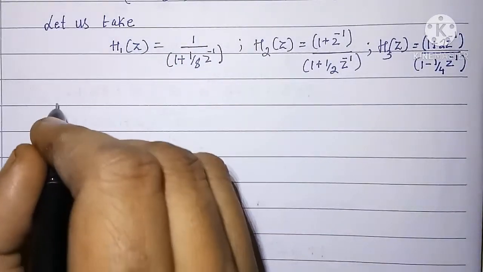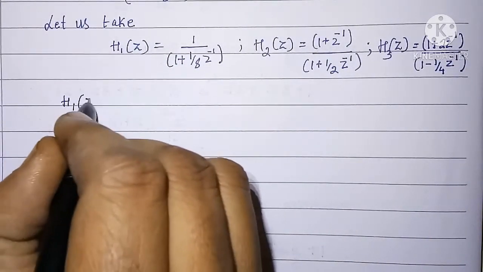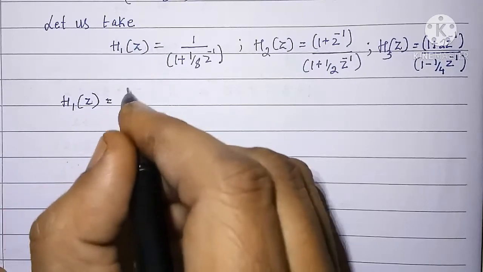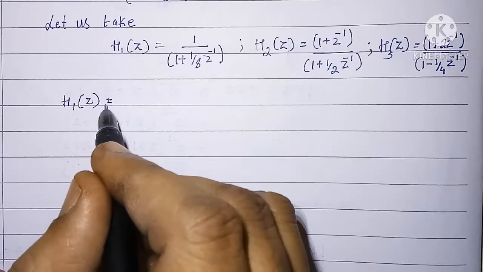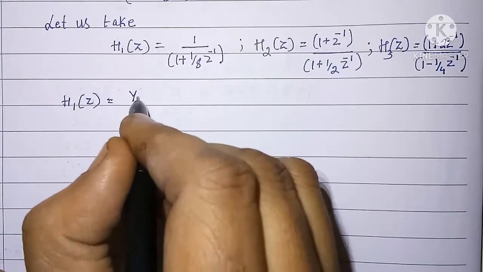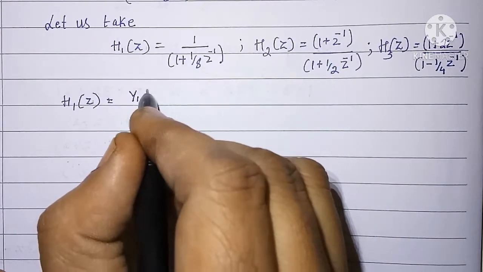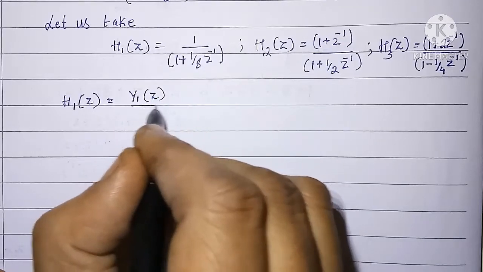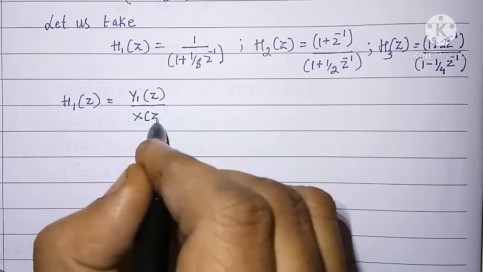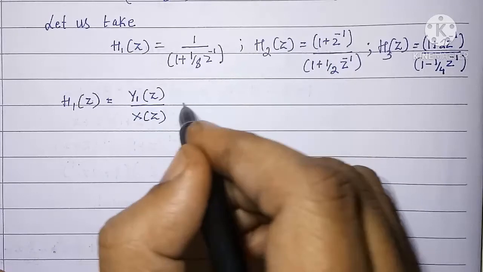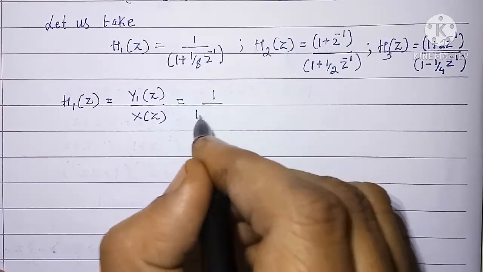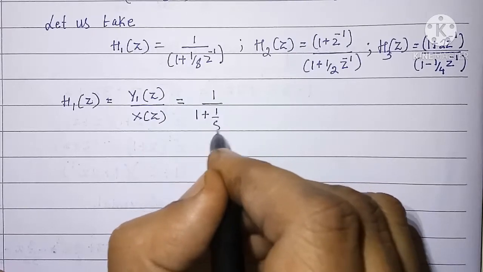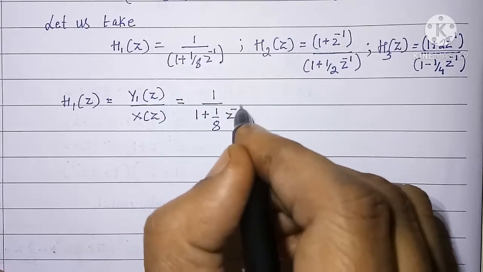Now I will write h1 of z as y1 of z upon x of z, that is equal to 1 upon 1 plus 1 by 8 z raised to minus 1.